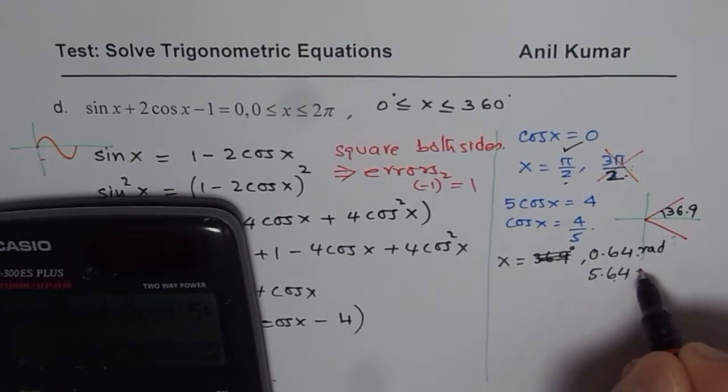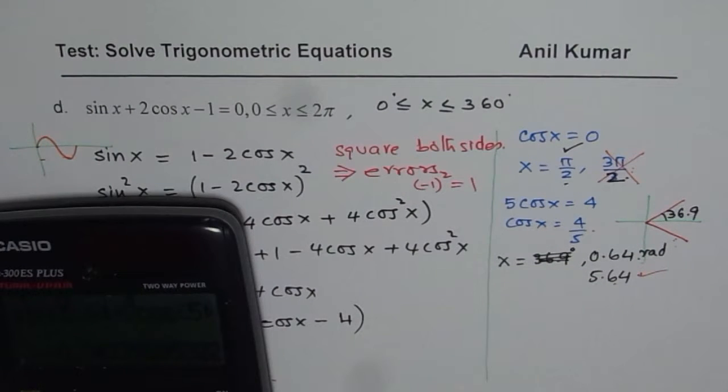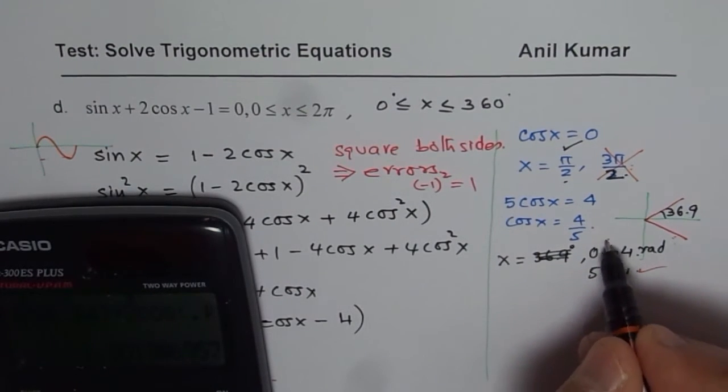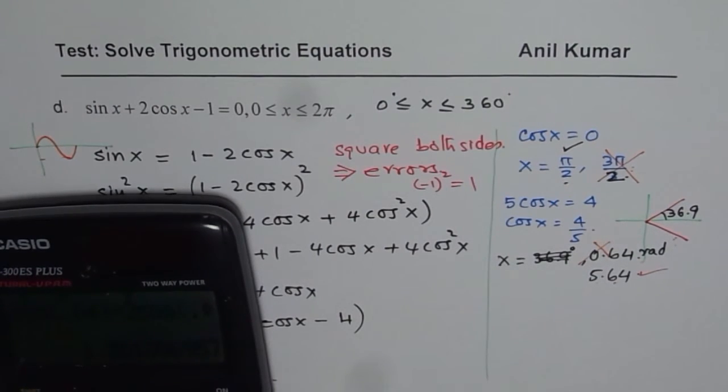That will work because we have done some approximations, correct? So that works. If I use 0.64, then we get sin of 0.64 plus 2 times cos of 0.64 minus 1 equals 1.2, right? So that does not work for you.